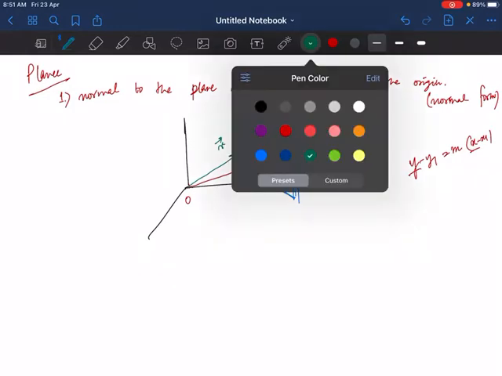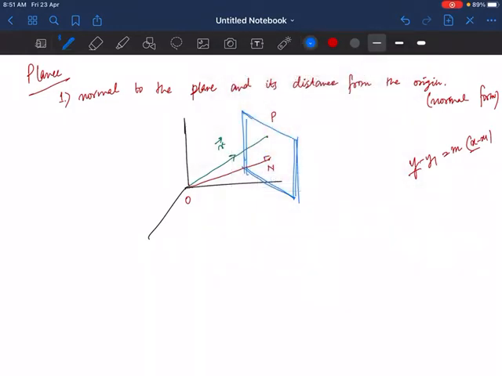Another thing they have given is the distance from the origin. Let's say the distance from the origin is d. So this distance is my d, and the normal vector is given. Let's say the unit vector is n cap. So d n cap is the vector which is perpendicular to the plane.